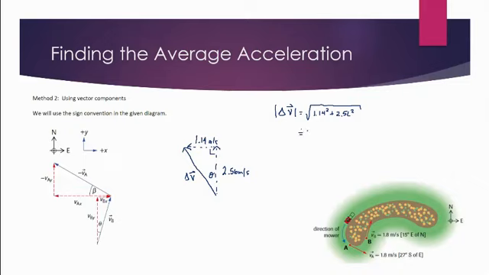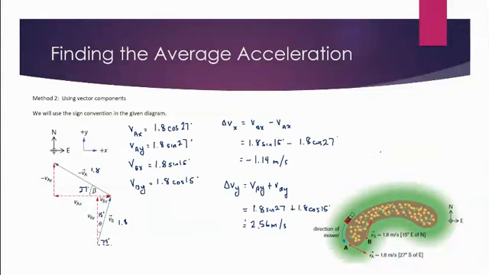So we get about 2.8 meters per second. And the direction, we will use tan. So we'll be doing the inverse tan of opposite 1.14 over adjacent 2.56. And look at that, 24 degrees.